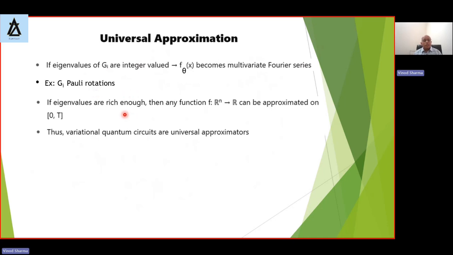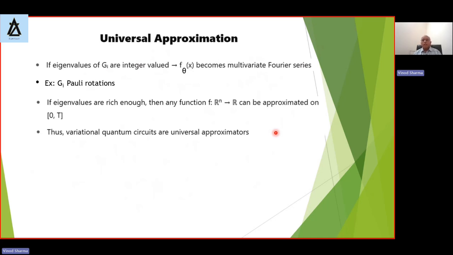If eigenvalues are rich enough, then any function f from R^n to R can be approximated on any finite interval 0 to T. Therefore, this variational quantum circuit method can approximate, given enough resources, any function from R^n to R, and hence they are universal approximators. This is a very important property.